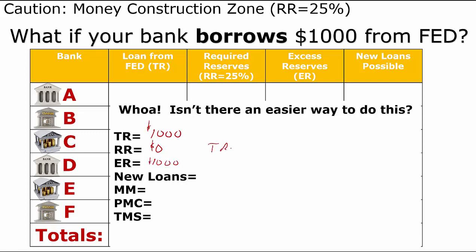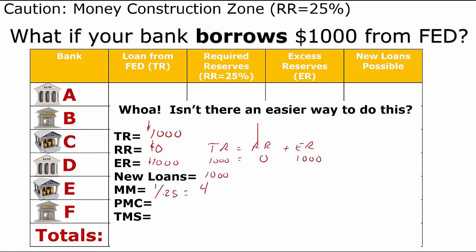Okay? Now don't forget, that's because required reserves plus excess reserves equals our total reserves. New loans possible is always the same number as excess reserves. Now the money multiplier is still calculated using the reserve requirement. So in this example, it's 1 over 0.25, which would be 4.